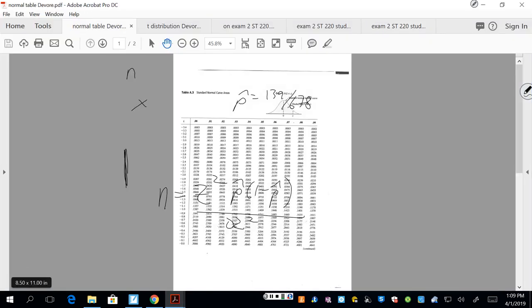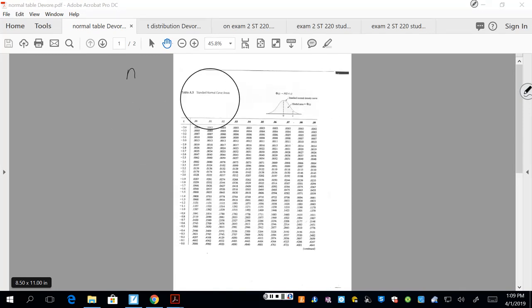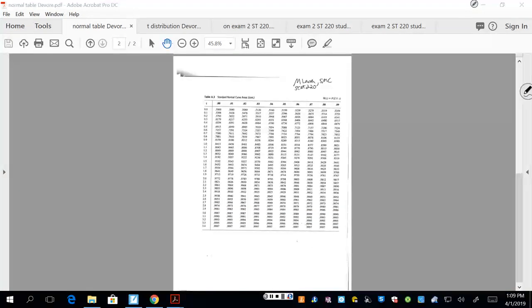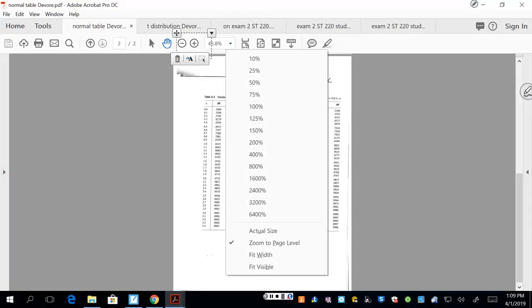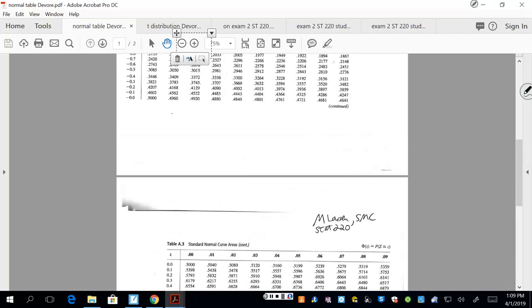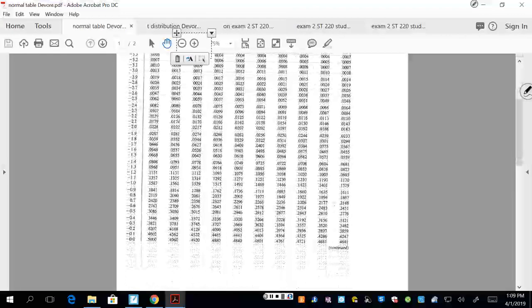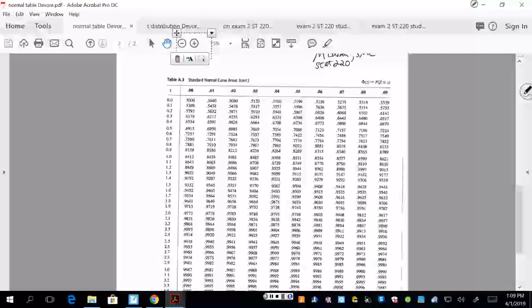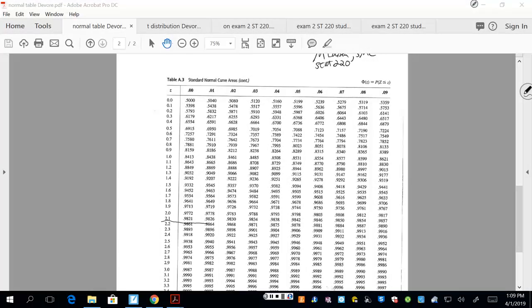You'll get the normal table and the t-table, like in the book. If I gave you just half the table, 2.13 has 0.9834 probability.